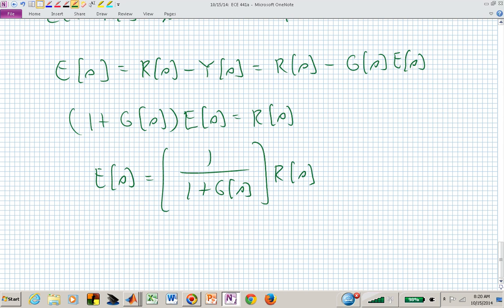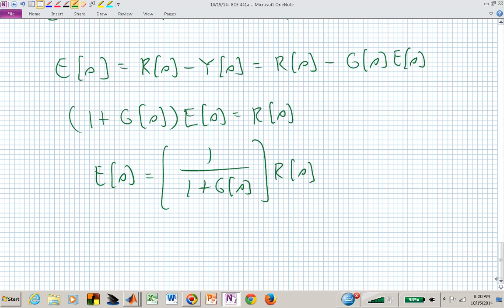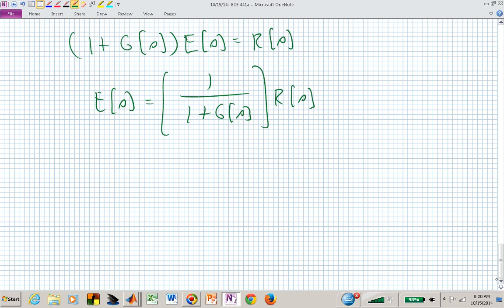Now, last time we had 3 different systems, and I believe the first one we called AI. Not artificial intelligence, but little a, little i. Maybe it's smart. But this G of S was now k sub 0 over tau sub 0 s plus 1, with k sub 0 equal to 10, and tau sub 0 equal to 1 second.